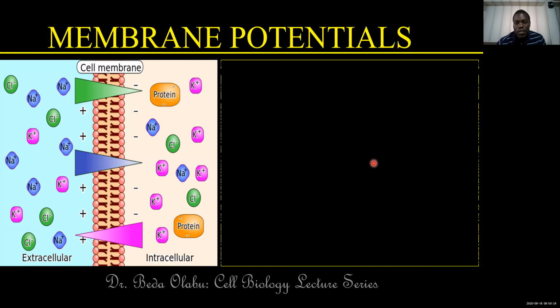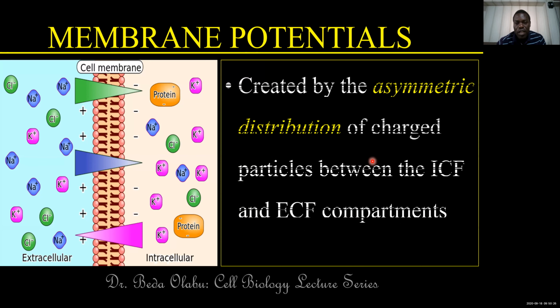How do these charges come about? These charges come about because of the asymmetric distribution of charged particles across the cell membrane. We have just seen in the previous session that potassium is a positively charged ion and it is more inside the cell compared to outside.